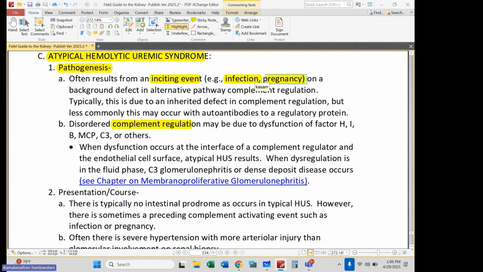Pregnancy can also cause thrombocytopenia and hypertension through other mechanisms, such as severe preeclampsia or the full-blown HELLP syndrome. So pregnancy is a classic scenario in which there is thrombocytopenia with acute kidney injury with a number of diagnostic possibilities, including atypical HUS and TTP.